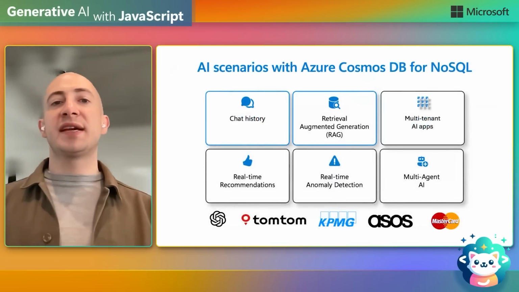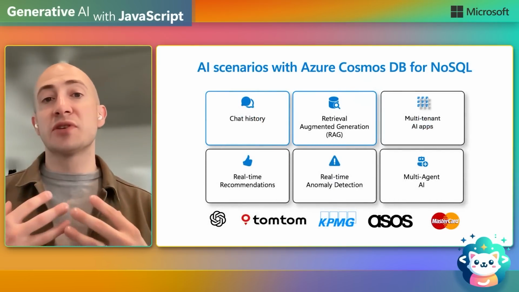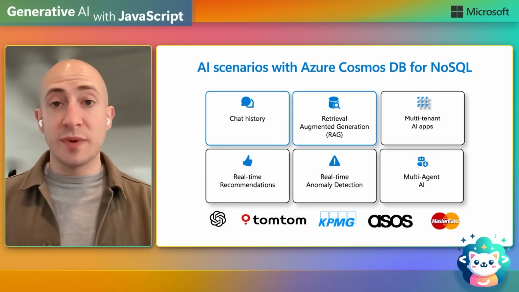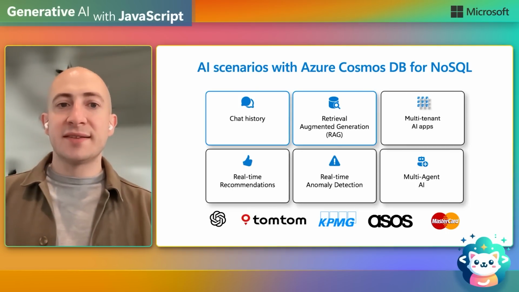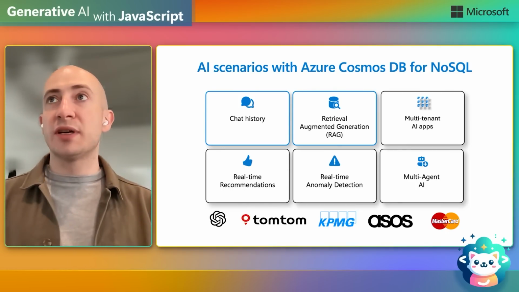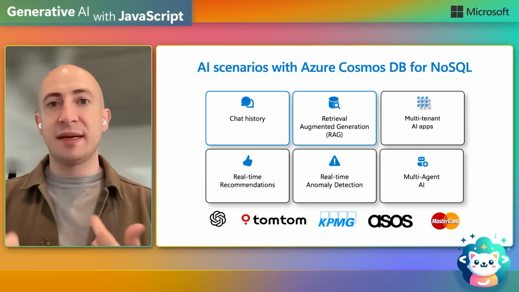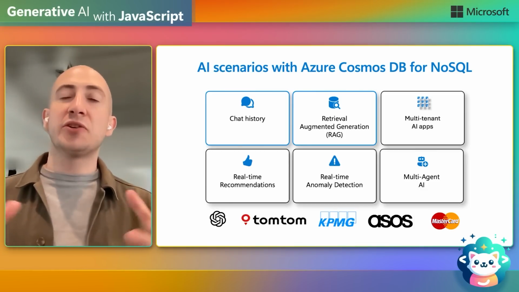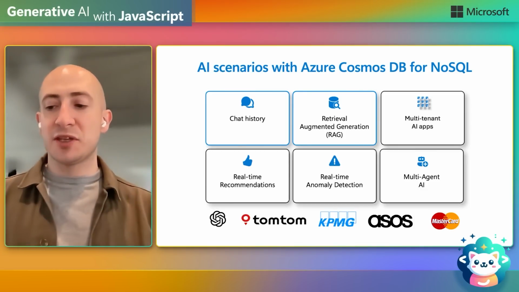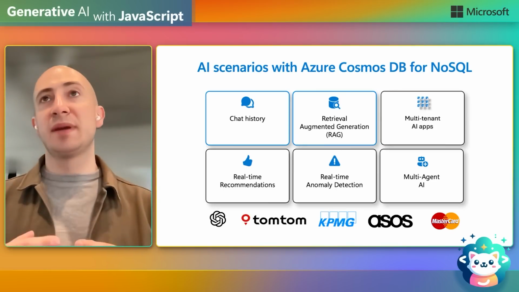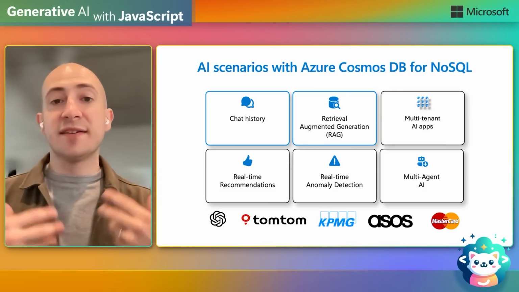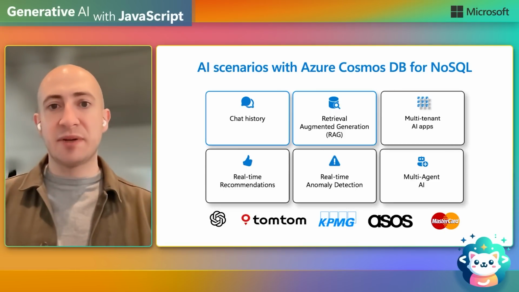There's lots of different scenarios that our customers are already building AI applications with Cosmos DB for NoSQL. We're going to talk about a few of them here today. So there's chat history. As I'm talking to a large language model, maybe I have a chatbot application, I might want to keep a record of the conversation that I'm having with the chatbot. This is really powerful for doing auditing later, or maybe providing context on previous conversations to the chatbot.